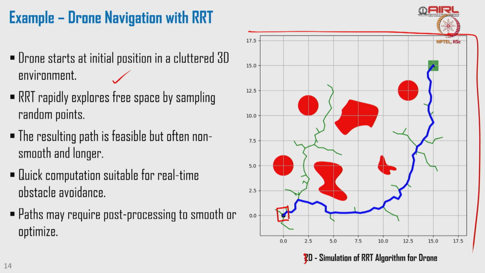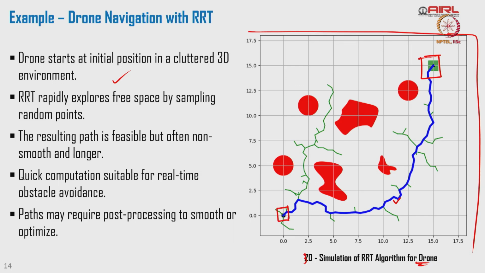That means, we can see from this particular figure that sometimes this path has some sharp turns. So, we can't claim that it is a very smooth path, and also there can be a shorter path possible to reach this particular goal position, but still the drone, through the RRT algorithm, might be taking a longer path.